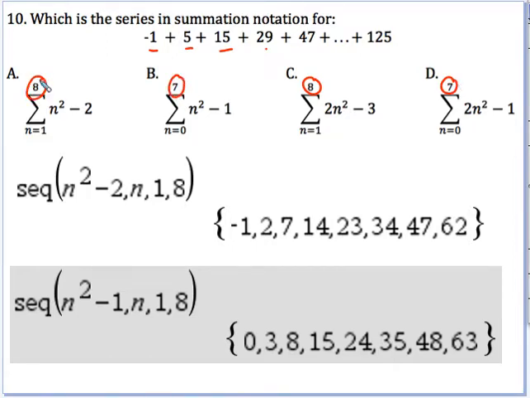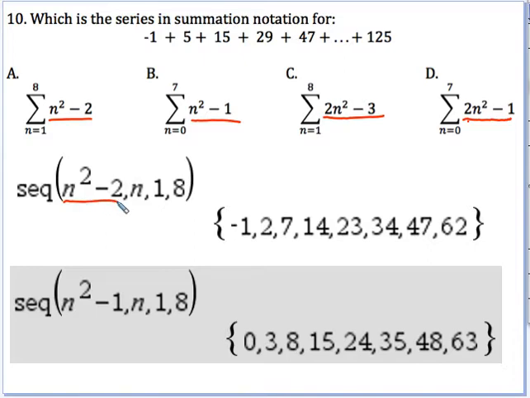So how many terms are we going to have, and which formula are we going to have? Okay, so in this case, I used these formulas to find the terms in the sequence. The first one, I have n squared minus 2.